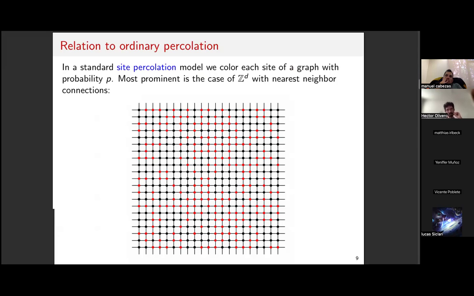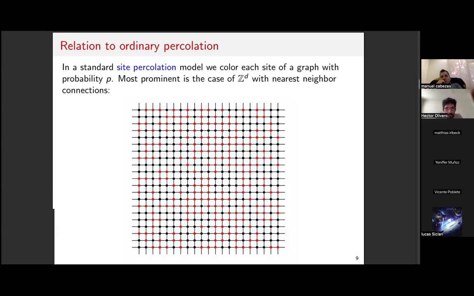Maybe you're a bit familiar with ordinary percolation, and that's a bit different, because now we colored those polytopes in space, whereas in ordinary percolation you fix some graph and then color the vertices of the graph.